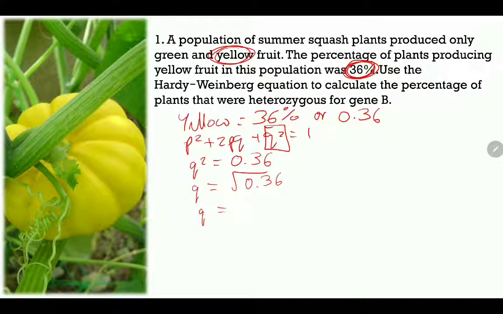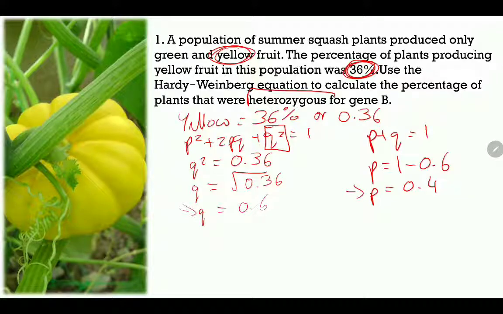So q must be 0.6. So we found q. So we can now use our allele frequency equation, p plus q equals 1, to find our p. So p is equal to 1 minus 0.6. So that must mean that p is equal to 0.4. So we now have our p and we also have our q.